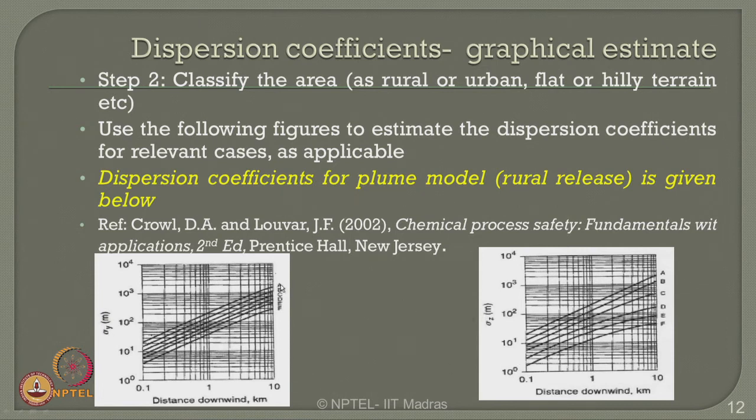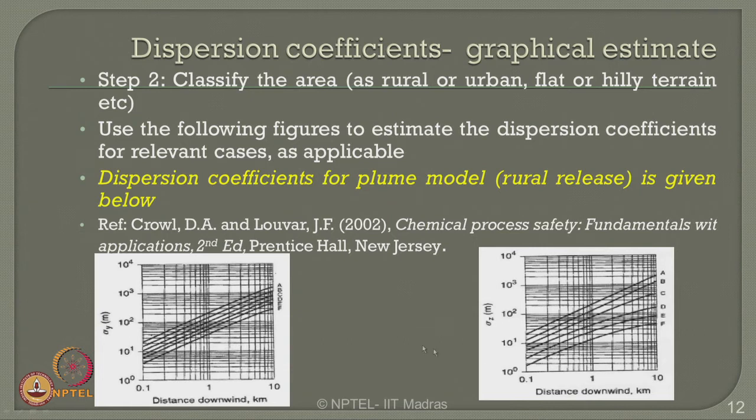So, for different Pasquill stability classes varying from A, B, C, D, E, F in both cases, if you know the downwind distance at which you want to calculate and you know the stability class, project that to the stability class and get the dispersion coefficient.